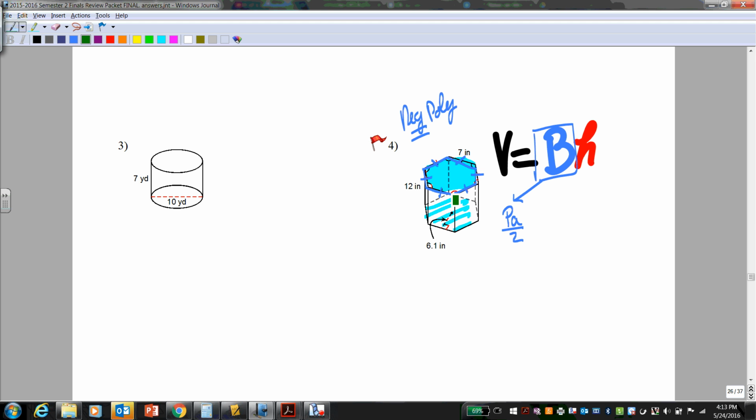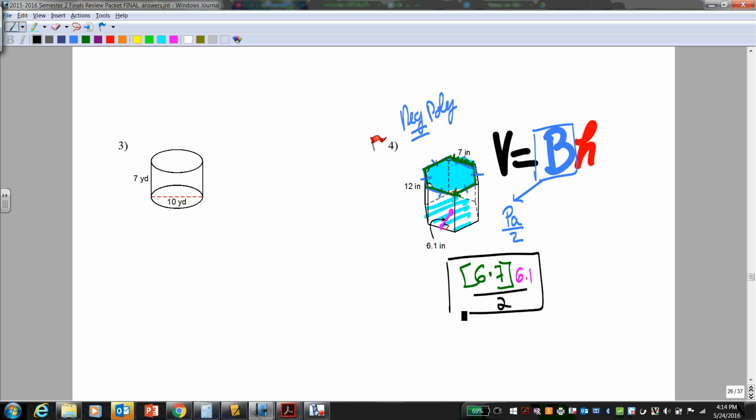So here we're going to do perimeter. We walk it around, 1, 2, 3, 4, 5, 6. So our perimeter is going to be 6 times our edge length, which is 7. That's our perimeter, times our apothem, which is right there, 6.1 over 2.